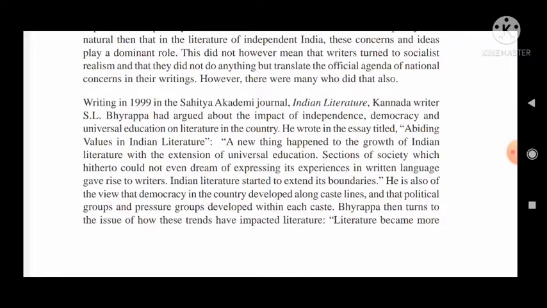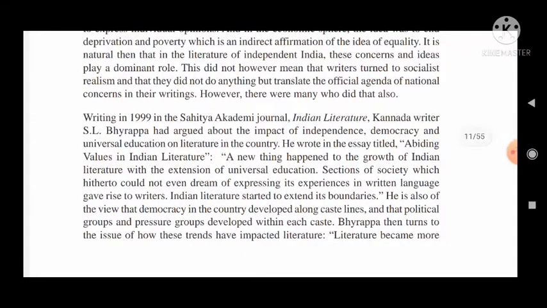This did not, however, mean that writers turned to socialist realism and did nothing but translate the official agenda of national concerns in their writings.